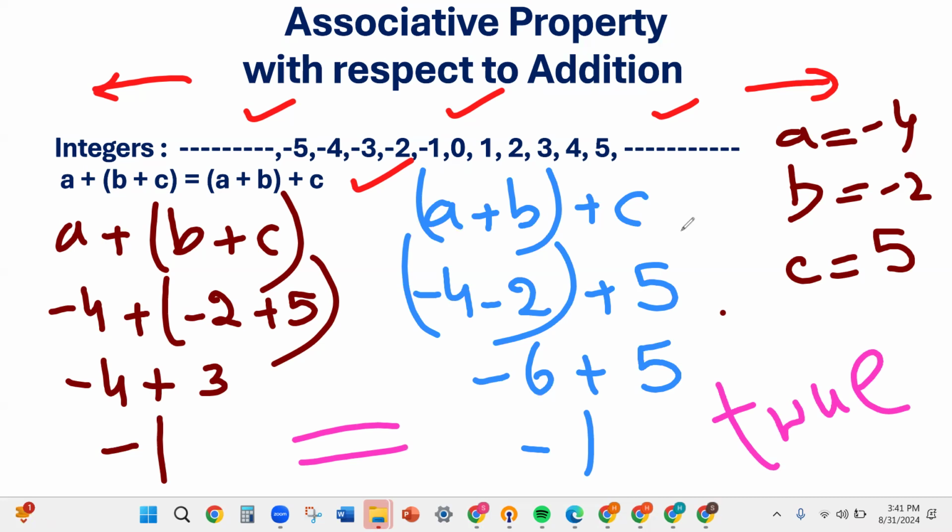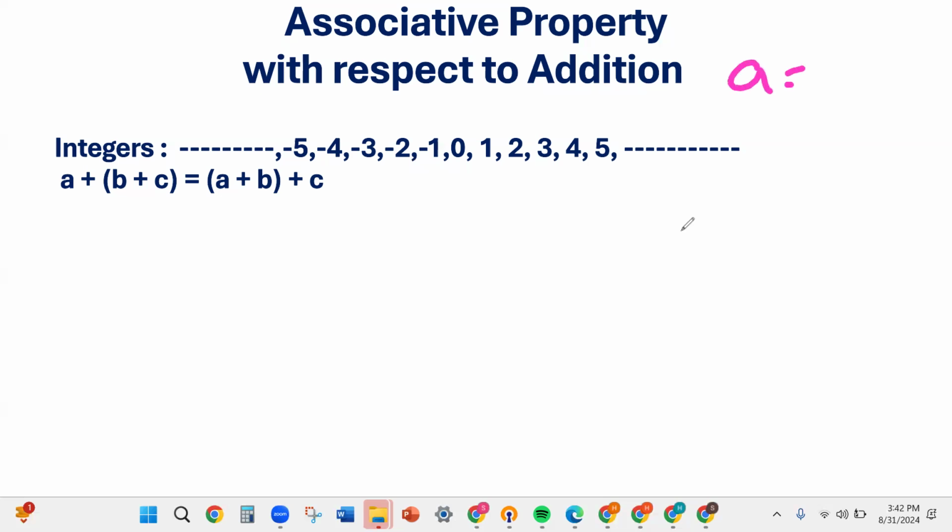Now take another example from integers. A is equal to -1, B is equal to -5, and C is equal to 3. Now we are substituting here in the left-hand side.